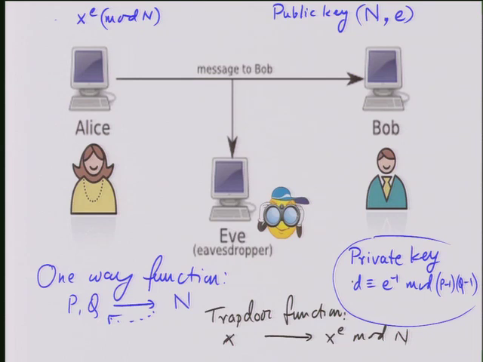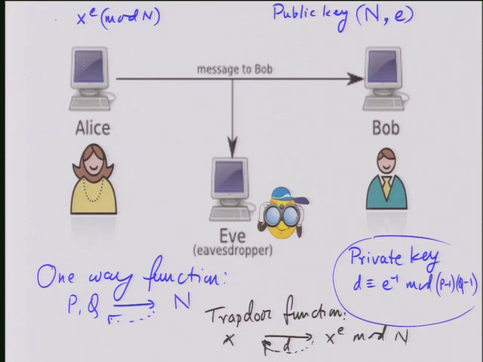And if you happen to know D, then you can reverse it. You can go backwards. And so RSA relies on this trapdoor function. The RSA function is a trapdoor function. It gives you a way of quickly computing X to the E mod N, going from left to right.